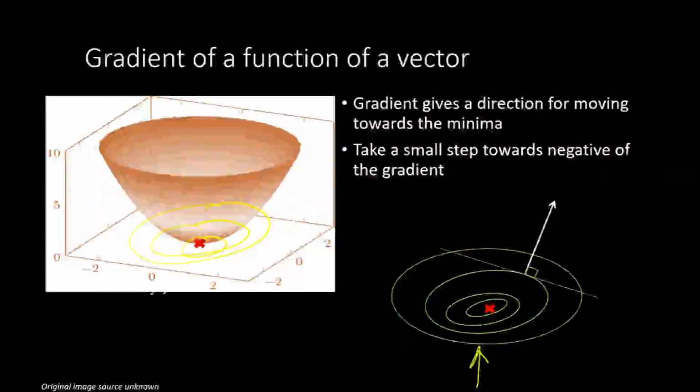At any particular point on this loss function surface, I will compute the derivative, and that derivative will point me in the direction of largest increase. To do gradient descent, I will take a small step in the negative of that direction. I will reach here, then another small step, and after some iterations I might reach the bottom of this bowl.